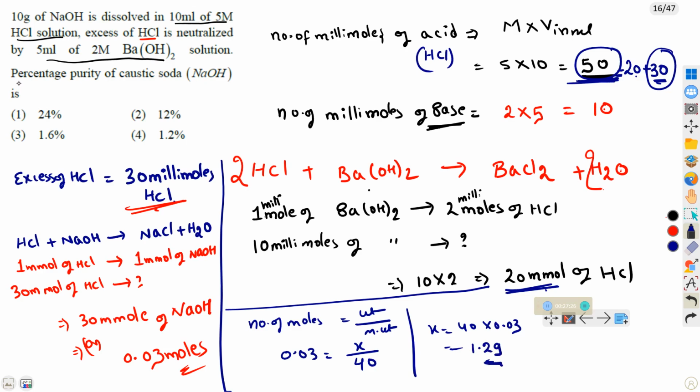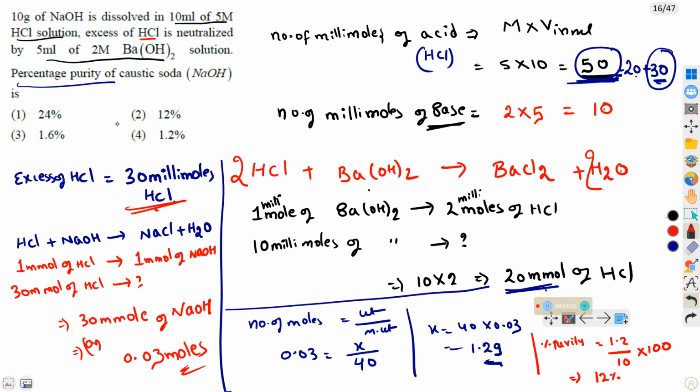The question is percentage purity. Percentage purity is equal to mass of pure NaOH, 1.2 grams, by total mass of the sample, 10, into 100. 1.2 into 100 by 10, then you will get 12%.